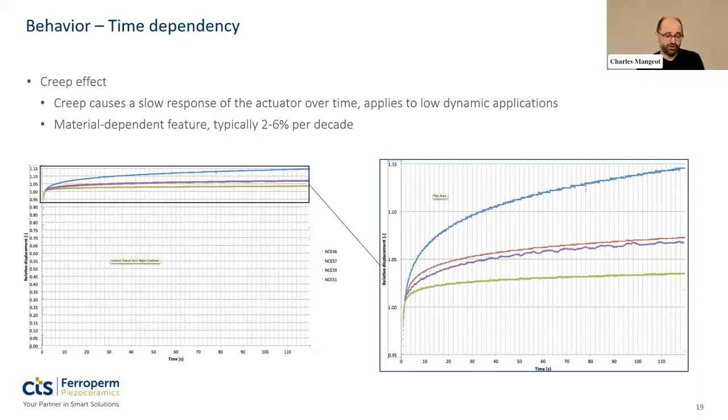When we do our multilayer, we have the active material that is surrounded by inactive material, and as we use it, we generate a strain of the active material, and that generates tensile stress in the inactive material. Typically, above a certain level, we'll start to damage the insulation, creating cracks in the inactive part, and that causes the actuator to fail.